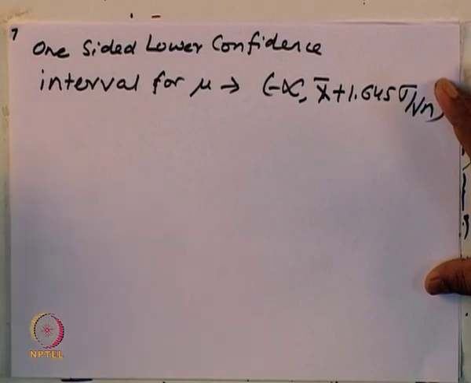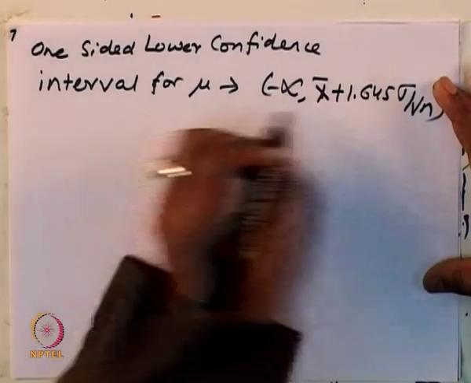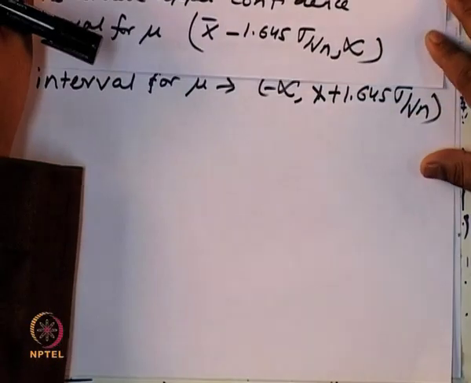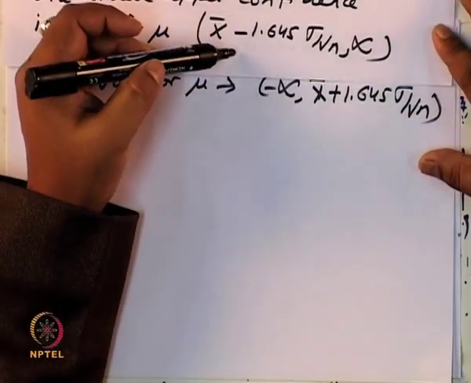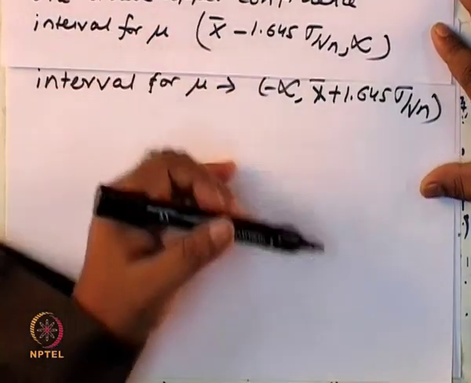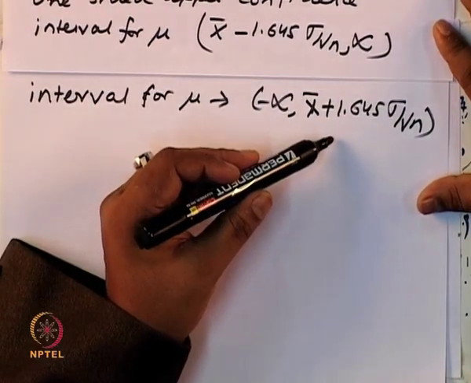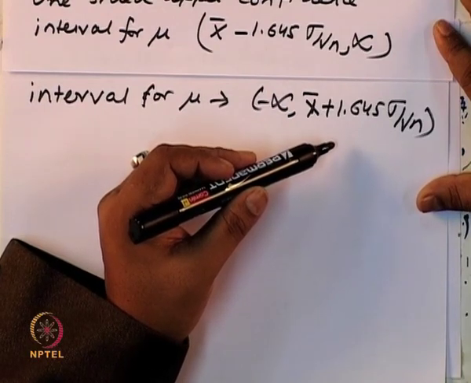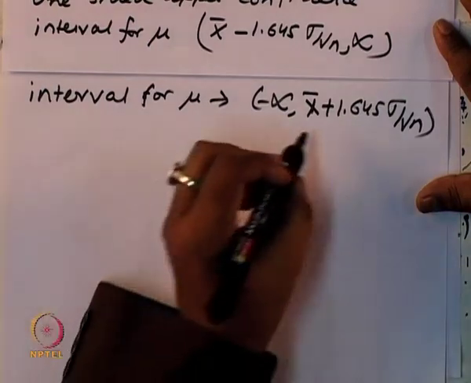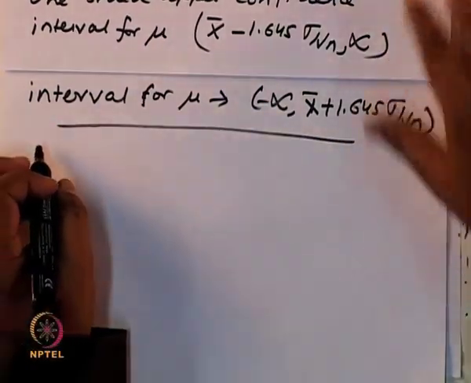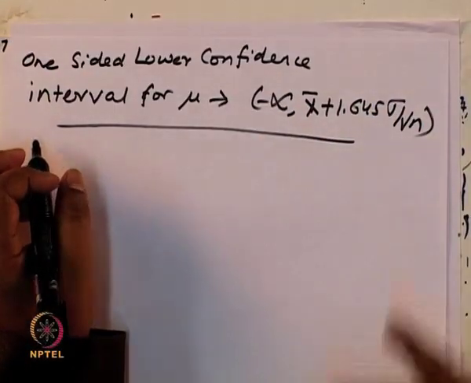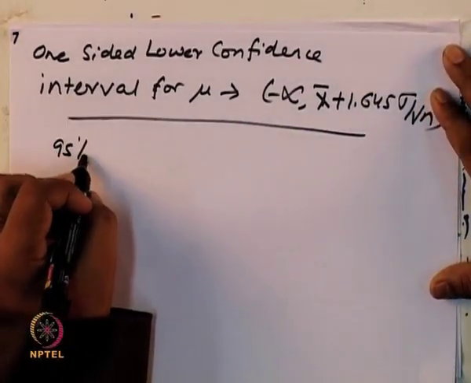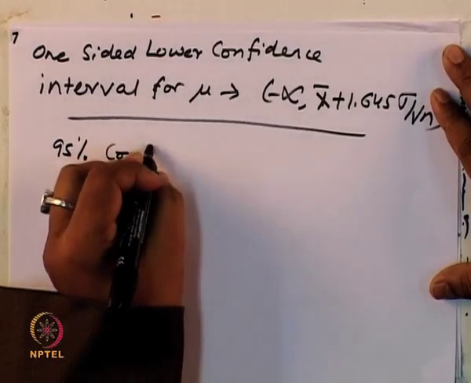So, this is how you have the confidence intervals created for one sided. So, this stipulates the lower bound for mu, and this stipulates the upper bound for mu. Okay. Now, for all these cases we have assumed the 95% confidence interval, right.